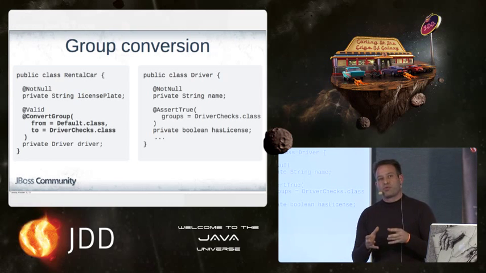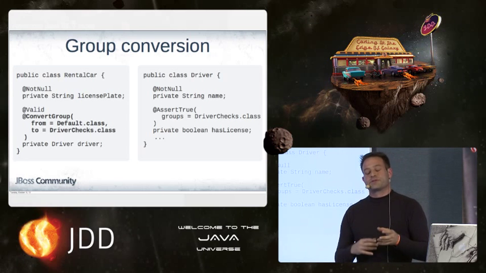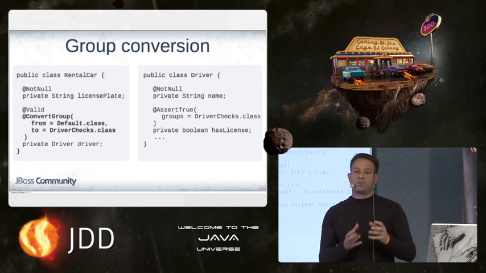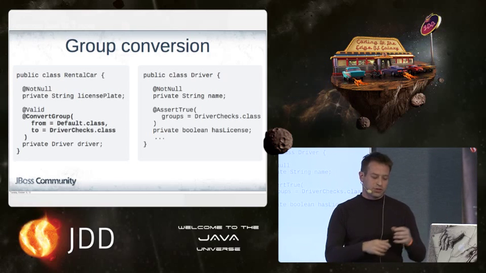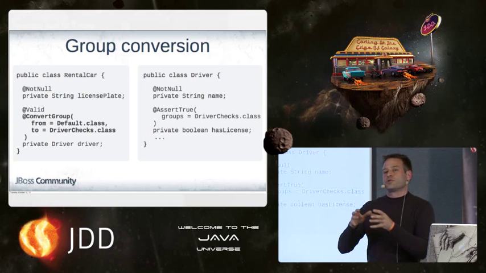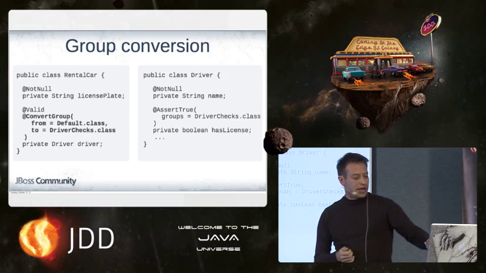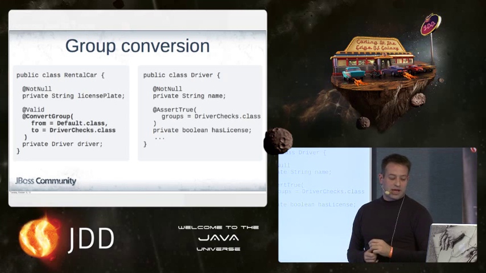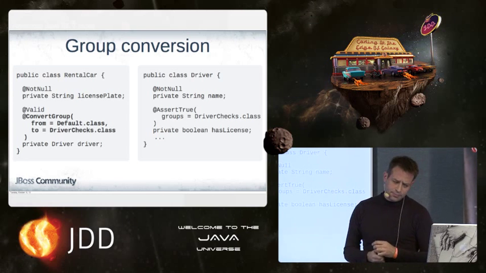The problem here was Bean Validation also has a concept of groups. If you don't specify a group, it's the default group, and all the constraints belong to the default group. But you can also take a constraint and give it a given group. Like in the driver instance, we have driver checks, the group DriverChecks.